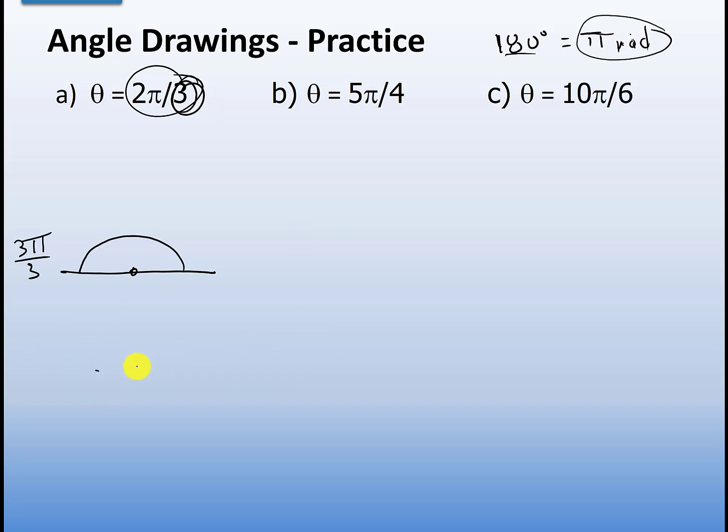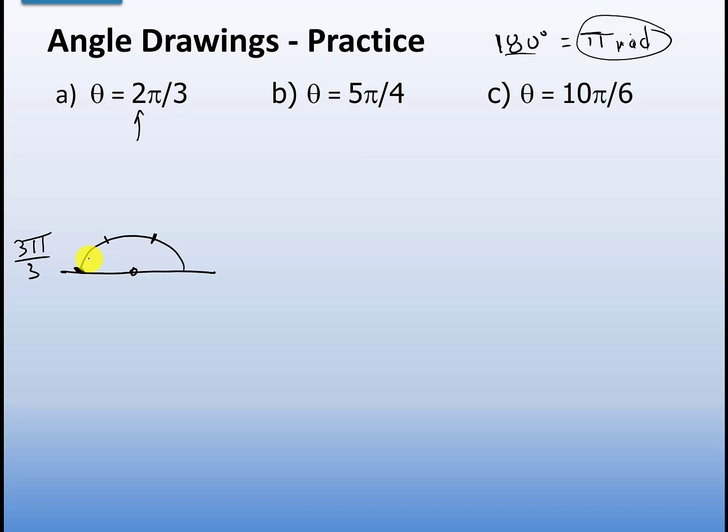Now, 3 over 3 is too big. 3 pi thirds is too big. I need to see 2 pi thirds, this one. So what I have to do is subdivide this half circle into 3 pieces. So approximately it would be 1 piece here, 1 piece here, and 1 piece here. Those are supposed to be 3 equal slices of pizza.